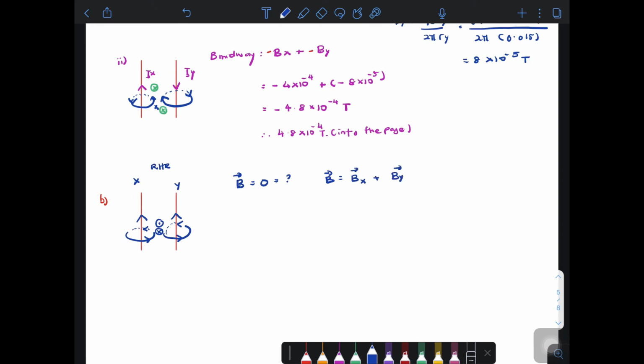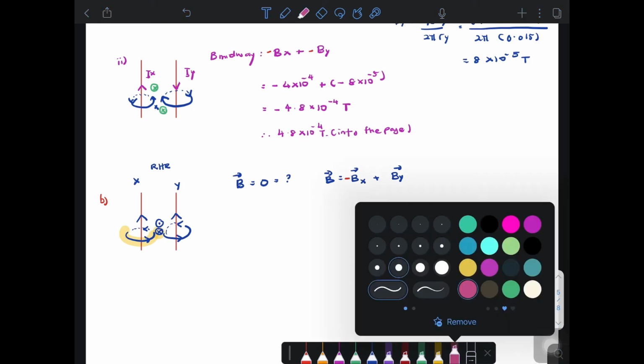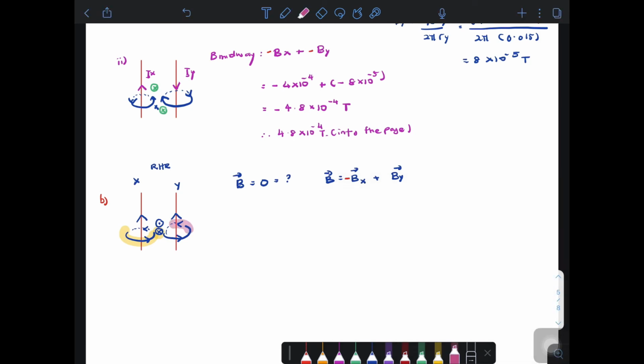Okay. So B daripada X, dia into the page. So dia masuk. Okay, so bila into the page, dia akan jadi negatif. Okay, so B daripada Y, dia out of the page. So bila out of the page, dia akan menjadi positif.